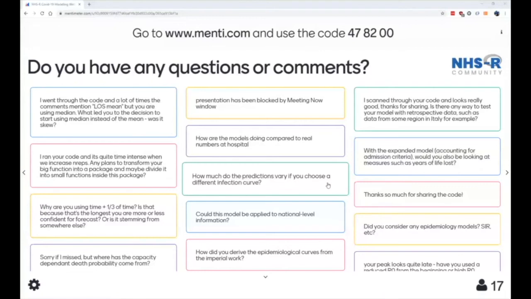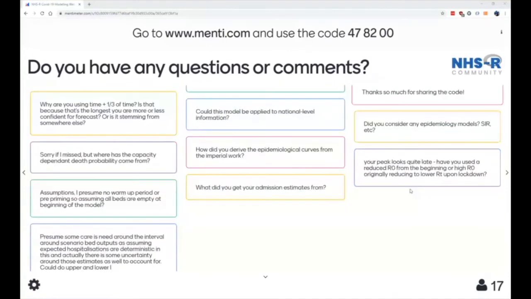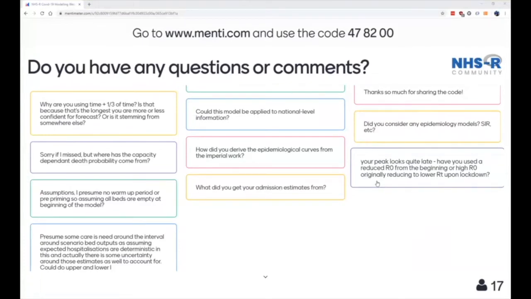So next question: how much do the predictions vary if you choose a different infection curve? Well, lots. It goes back to the question before, I think. This is a key dependency of the model, and a dependency of the quality and accuracy of the outputs. It's all tied down to that crucial input of what is the epidemic curve.